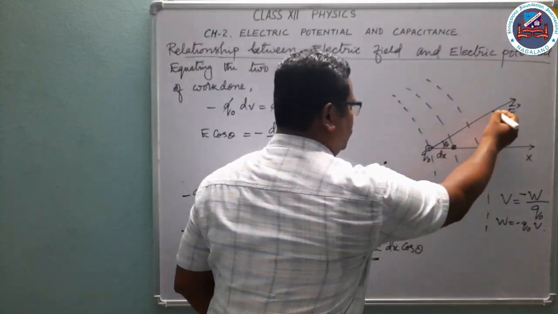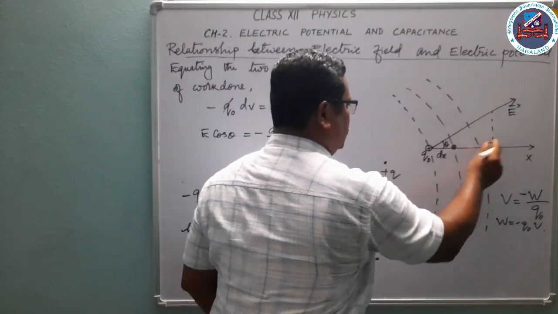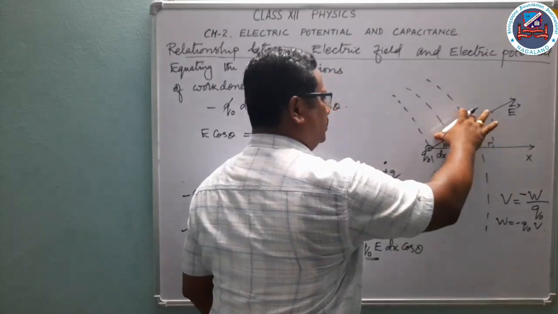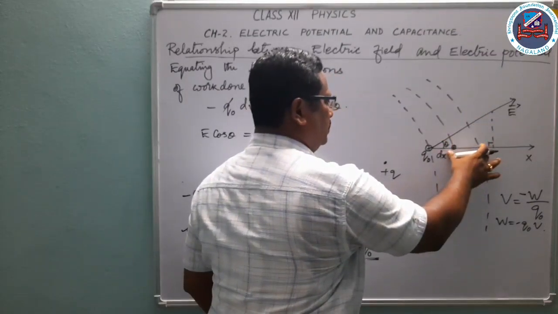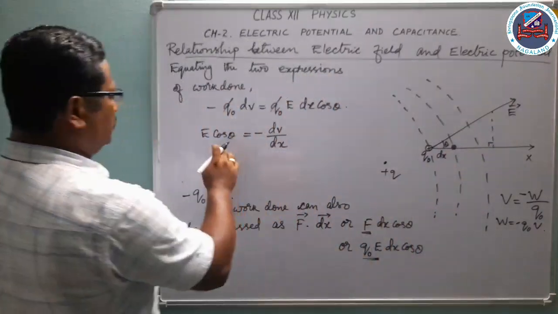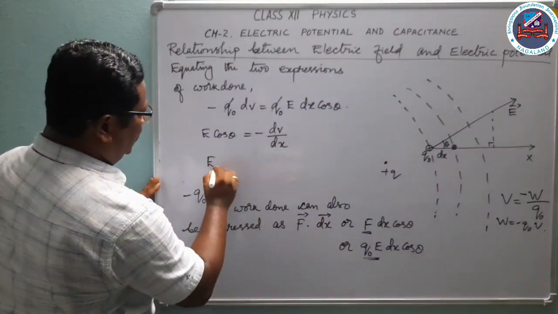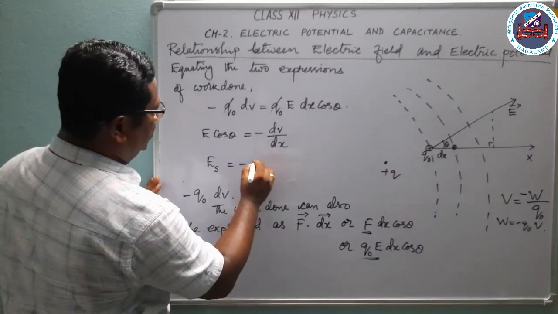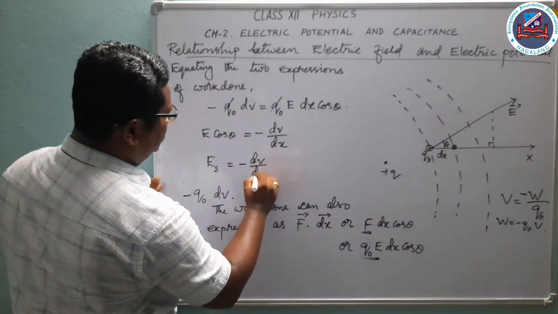Downside, if you happen to draw a perpendicular here, this is base, this is hypotenuse. This is base, that is E cos theta. If you resolve it, this one can be written as E along S is equal to minus dV by dx.